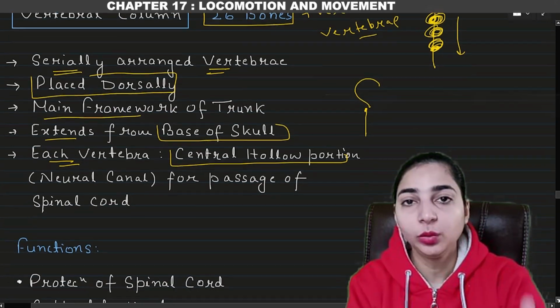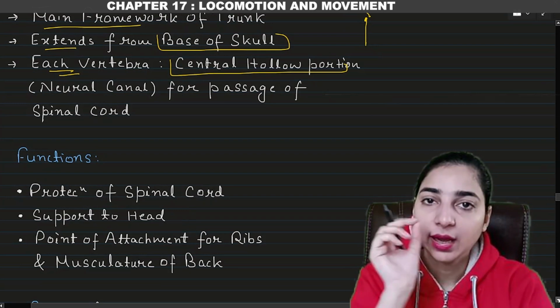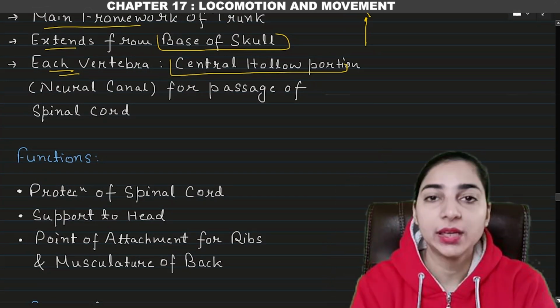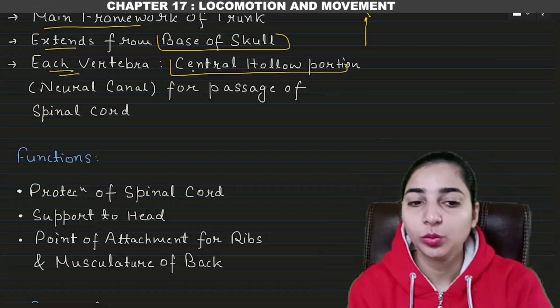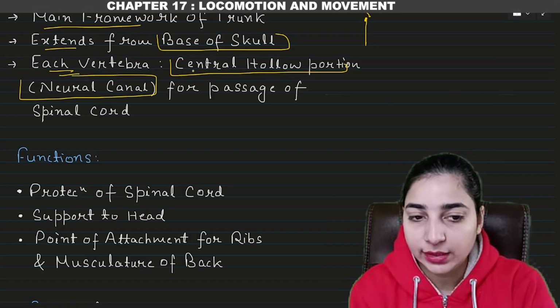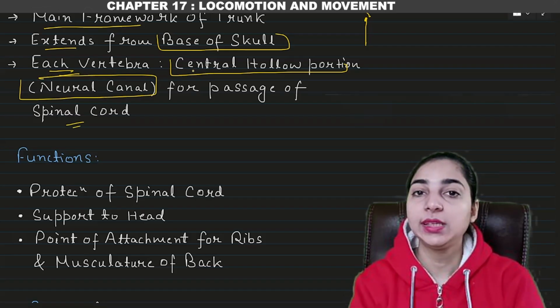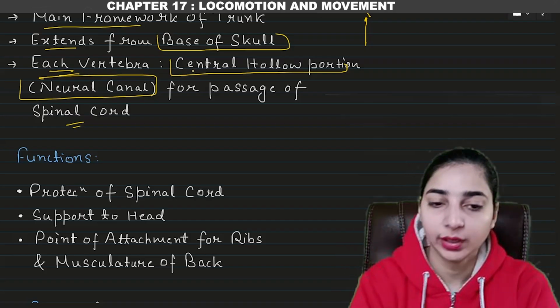So the spinal cord runs in between the vertebral column, and therefore the vertebrae have small hollow portions or openings so that the spinal cord can pass through them. This hollow portion is known as the neural canal, and this is for the passage of the spinal cord. So you can see that the spinal cord is well protected inside the vertebrae of the vertebral column, right?